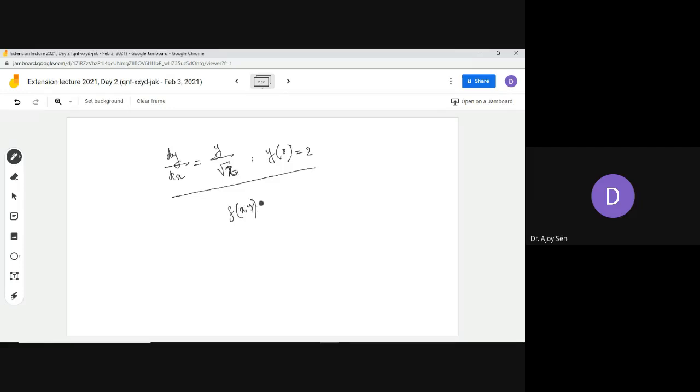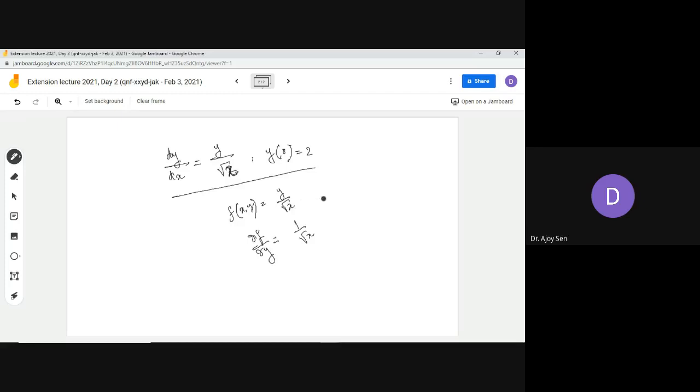One is f of x, y, which is this function, and the other is the partial derivative of the function f. The partial derivative is nothing but a simple derivative of a function of two variables: you take the other variable as constant and differentiate. So del f del y will become 1 by root x. It's simple. You just take the derivative with respect to y, treating x as constant, so root x stays. So 1 by root x will be there.